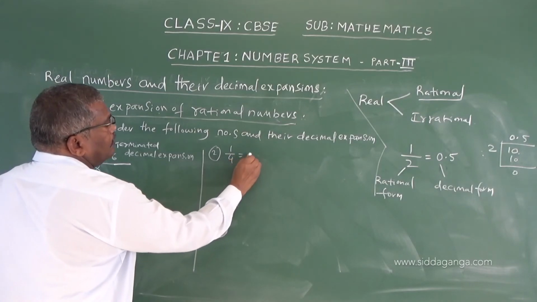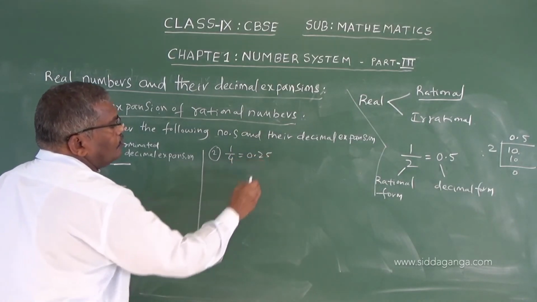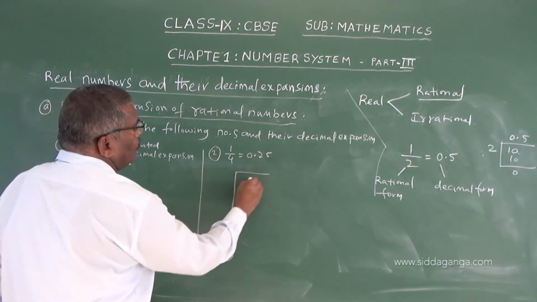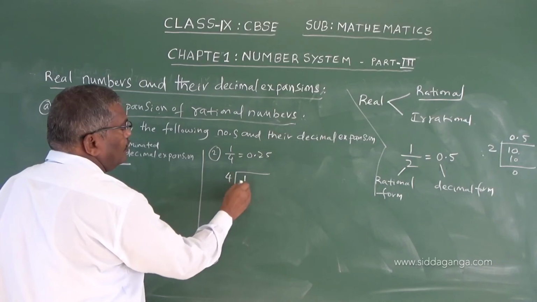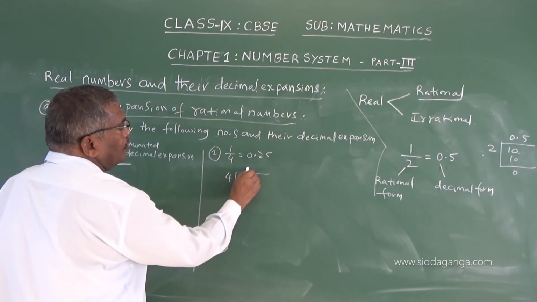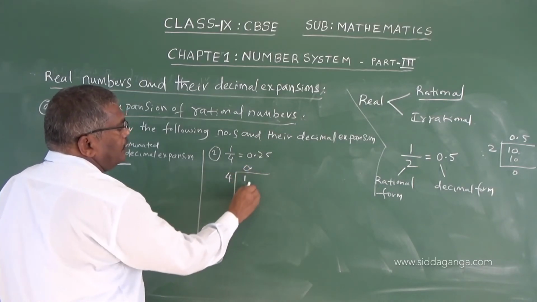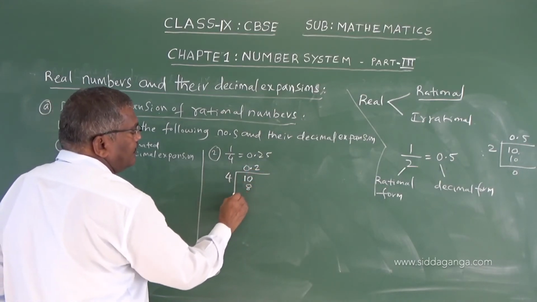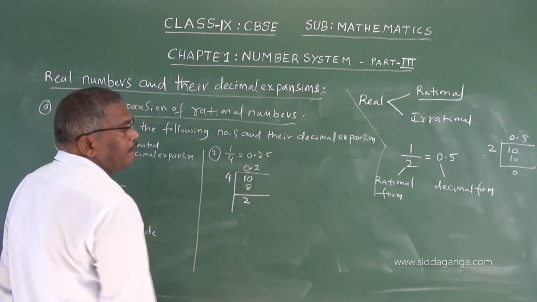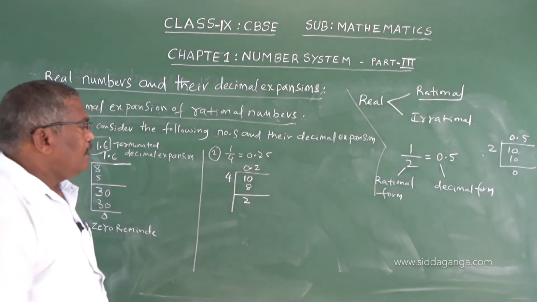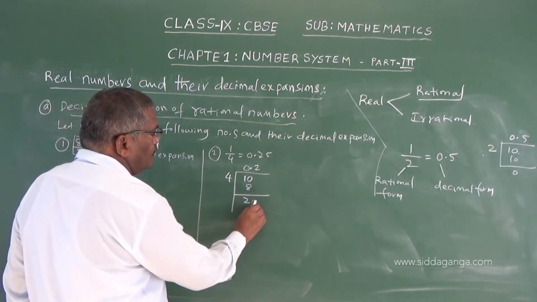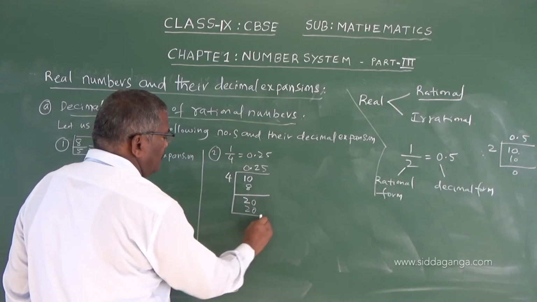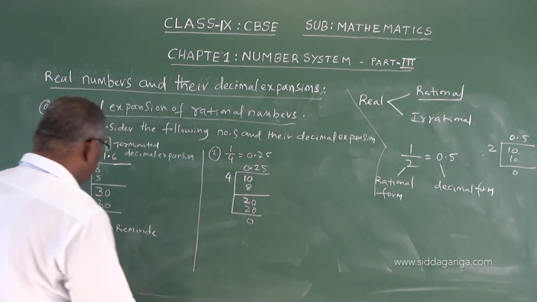Let us take the second one, 1 by 4. You all know this is 0.25. If you do the actual division process, this is 1, this is 4. 1 is not divisible by 4. So we put 0 and a decimal here. 4 2s are 8. 2 is the remainder. Now again we put a 0 here, 4 5s are 20 and we got 0 remainder.